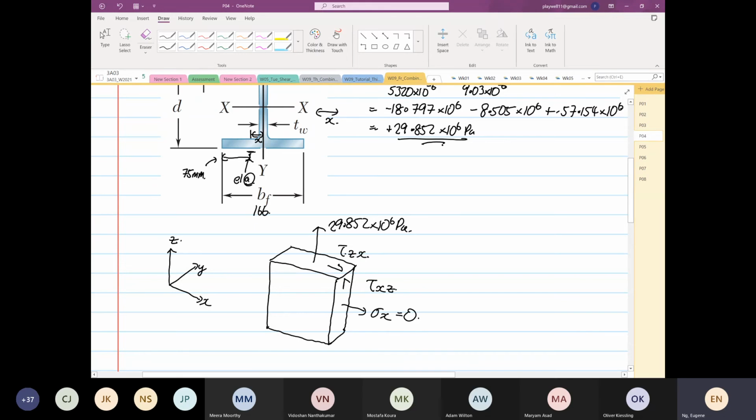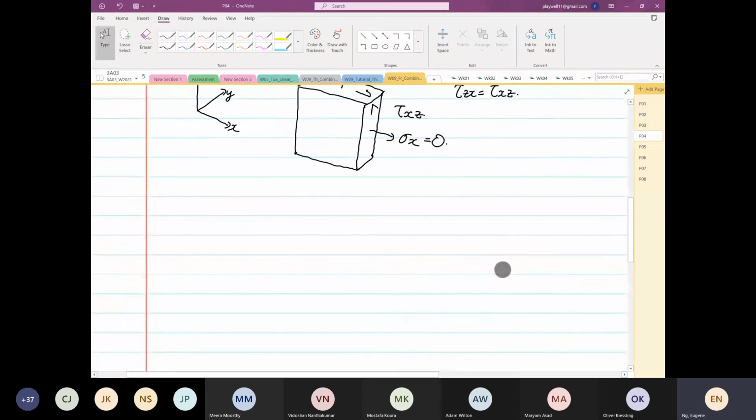Now we are going to identify what our shear xz is and what our shear zx is. Remember, to achieve equilibrium, the shear xz is equal to the shear zx. For this case, we have two different directions of shear stress or shear force.